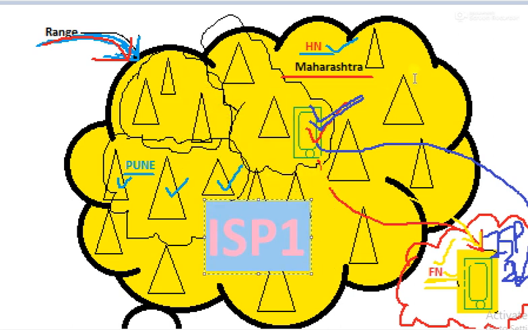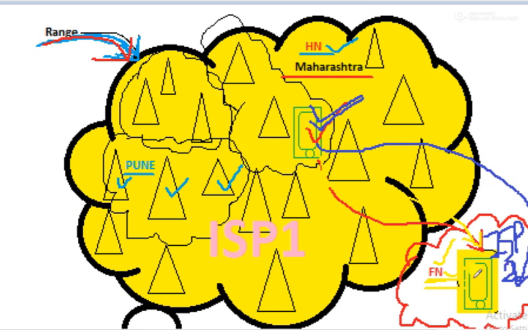Otherwise, feasibly it's not possible. So this is ISP1's network, and this is ISP2's network. Right now this user has entered the foreign network, that is ISP2's network. This is our example.